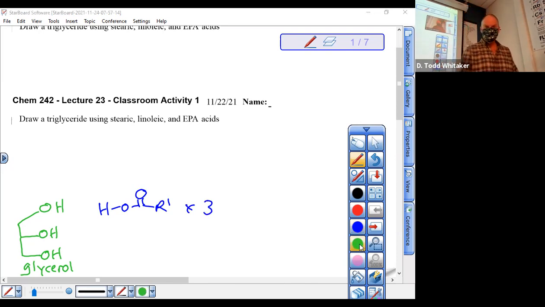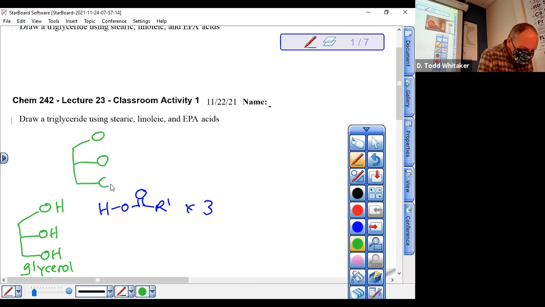So when you're doing this problem on the test, the first thing you copy is glycerol, including the oxygens, but not the hydrogens. During esterification, those hydrogens are lost in the condensation reaction. The dehydration step at the end will remove water.